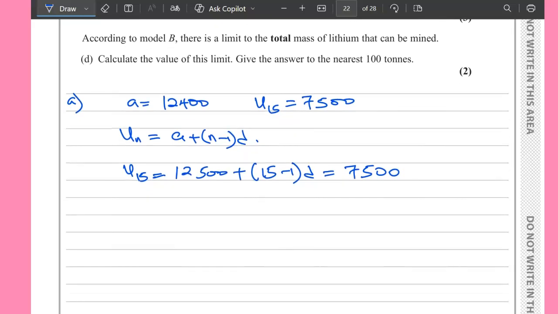Simplifying this further, this is just the same as 12,400 plus 14d equals 7,500.